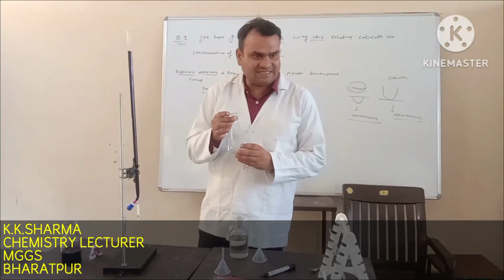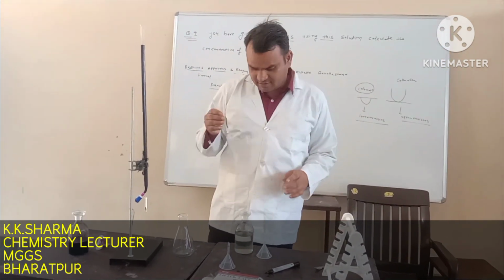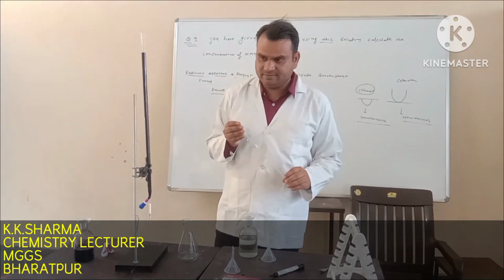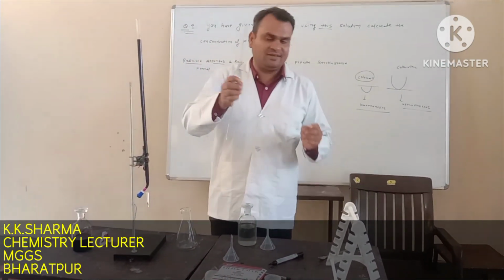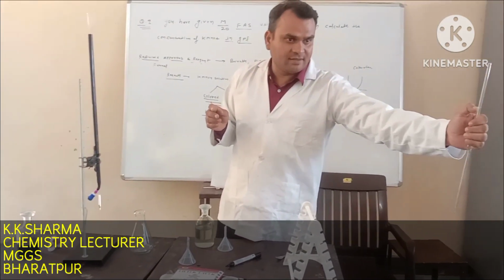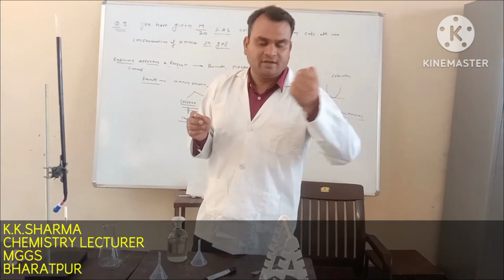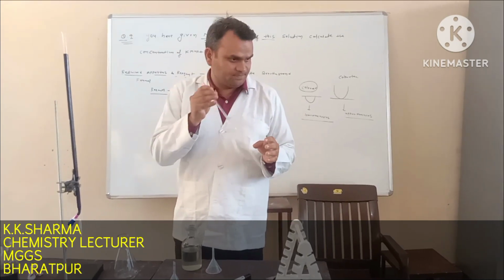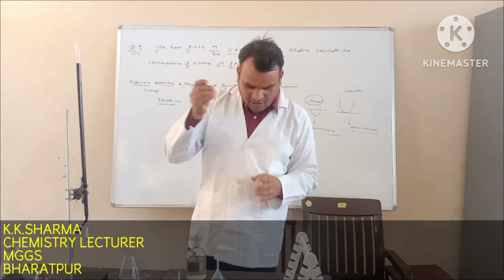Now, this is the conical flask. In this conical flask I have taken the primary reagent ferrous ammonium sulfate with the help of a pipette. All of you can see that there is a mark on the pipette, a circle mark. Yes, yes or no? Yes sir. Okay, I suck the ferrous ammonium sulfate by mouth, how is this possible?